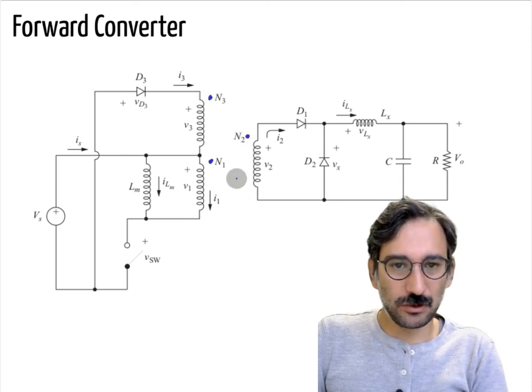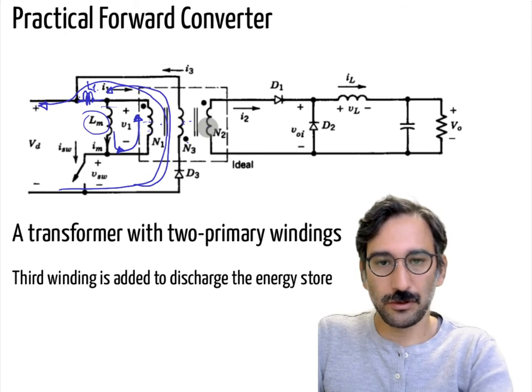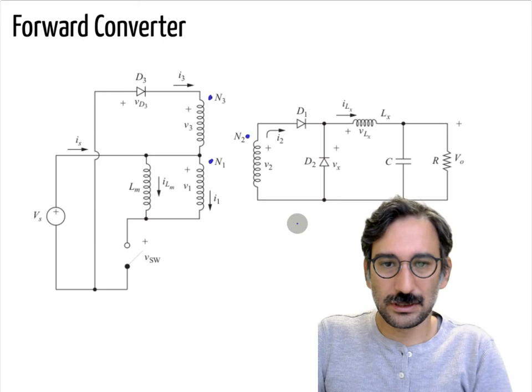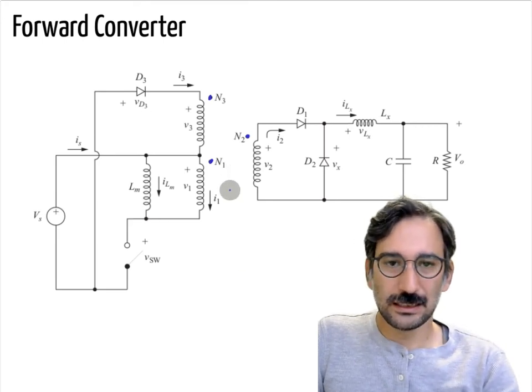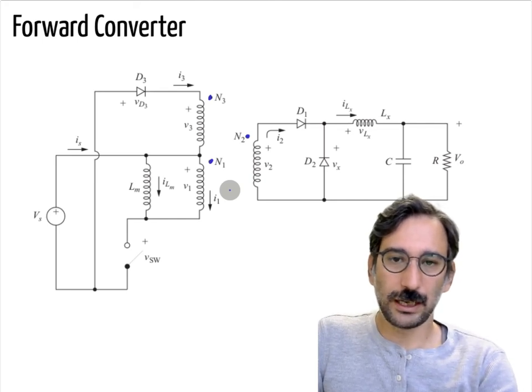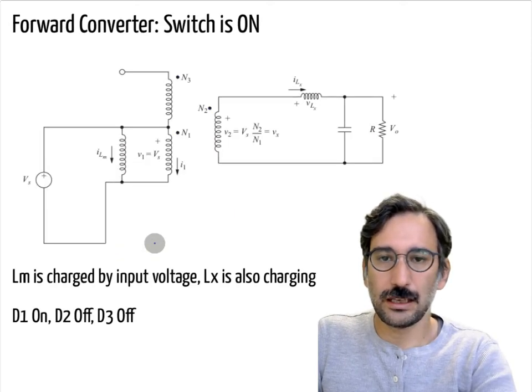That one is drawn here upside down, so don't get confused. The polarities are reversed, so we will see that one. Let's investigate step by step how the current is moving. Let's have a look at a point where the switch is on.